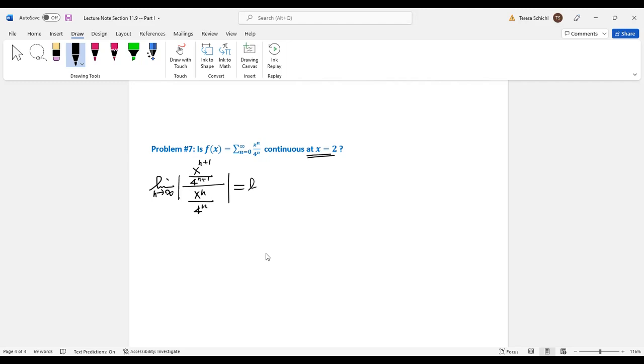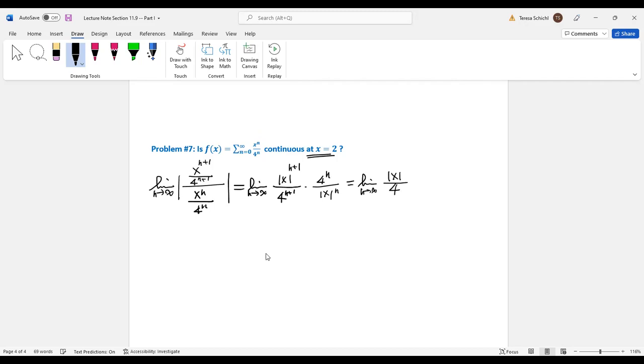So this is the limit as n approaches infinity. So this is 4 to the n plus 1, and the absolute value of x to the n plus 1, you flip, so this is the absolute value of x to the n and 4 to the n. Then you cancel, so you get the limit as n approaches infinity of the absolute value of x, and your 4 to the n will cancel.